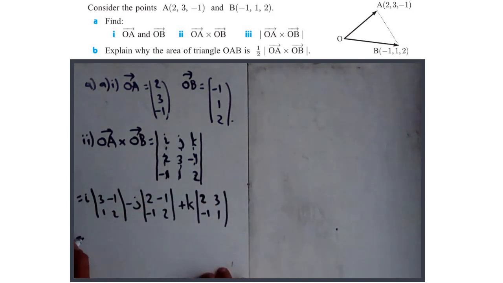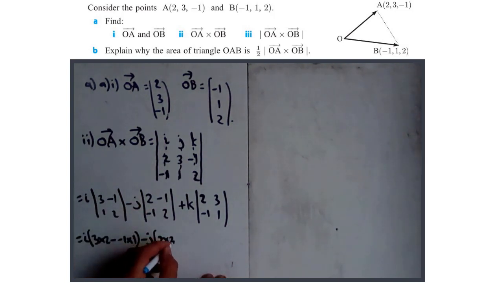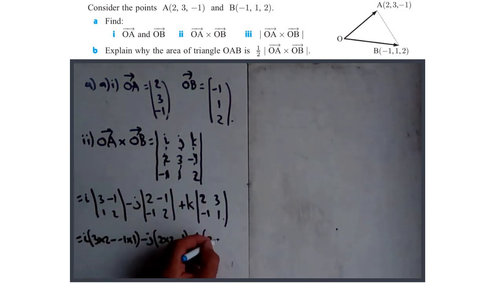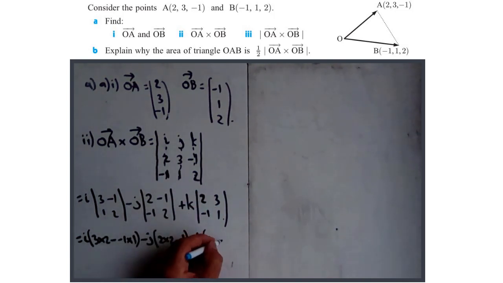Okay, so that equals i times 3 times 2 minus 1 times 1, minus j times 2 times 2 minus 1 times minus 1, so I might actually just put 1 in there, plus k times 2 times 1 is 2, minus 3 times minus 1 is minus 3.